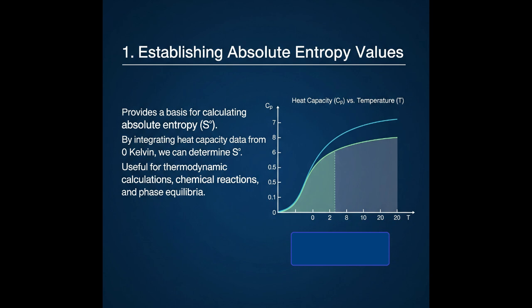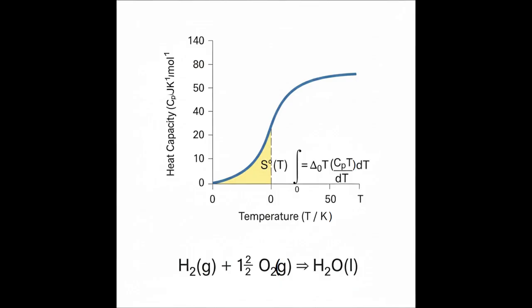By integrating the heat capacity data from 0 Kelvin up to a desired temperature, we can determine the standard absolute entropy S0 of a substance. This is incredibly useful for thermodynamic calculations, especially when dealing with chemical reactions and phase equilibria.